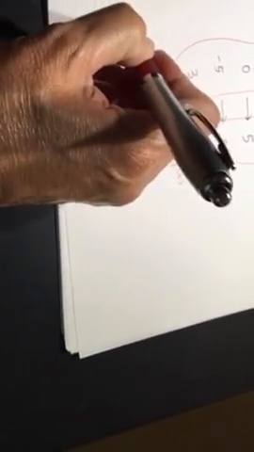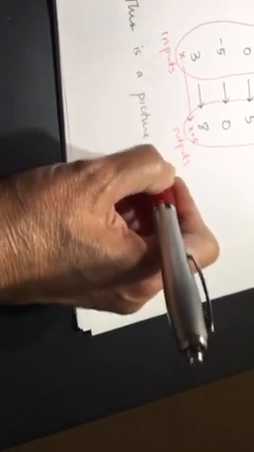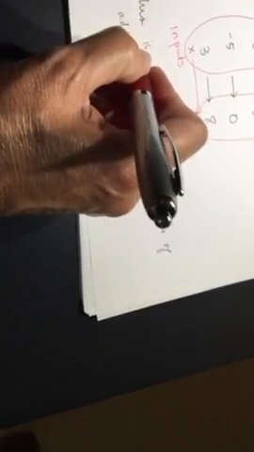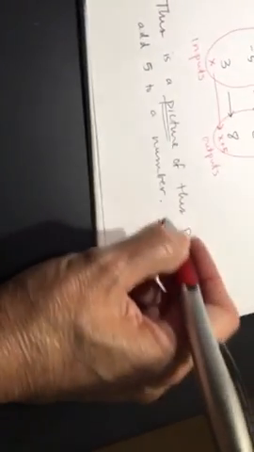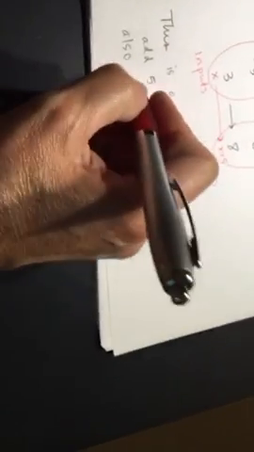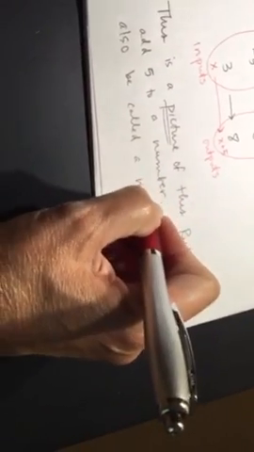So this is a picture of this rule of add 5 to a number. And sometimes you'll hear people call it a mapping. It can also, the picture that is, it can also be called a mapping.